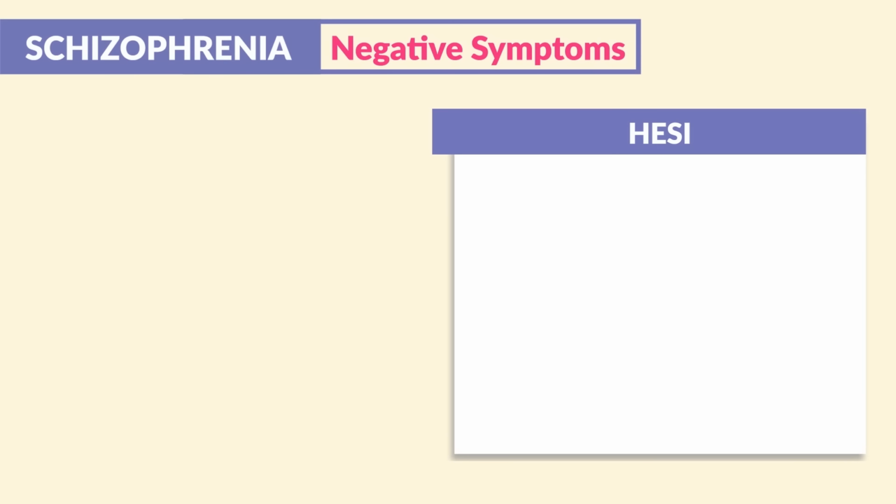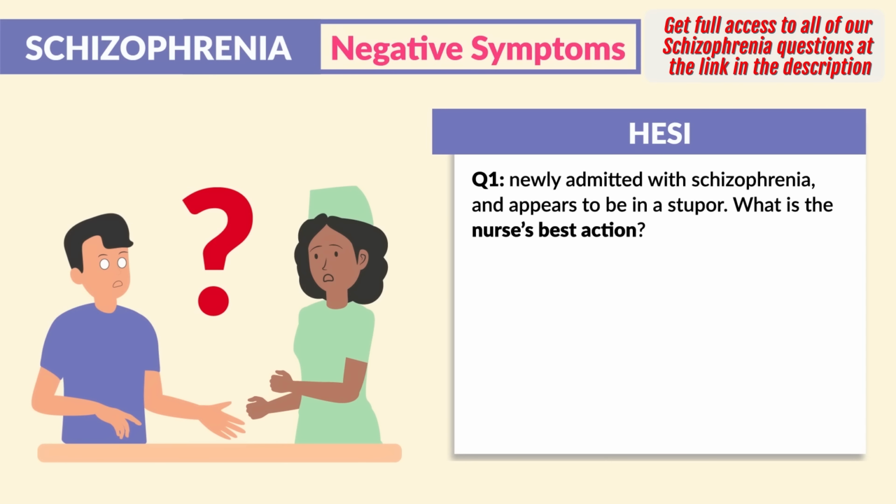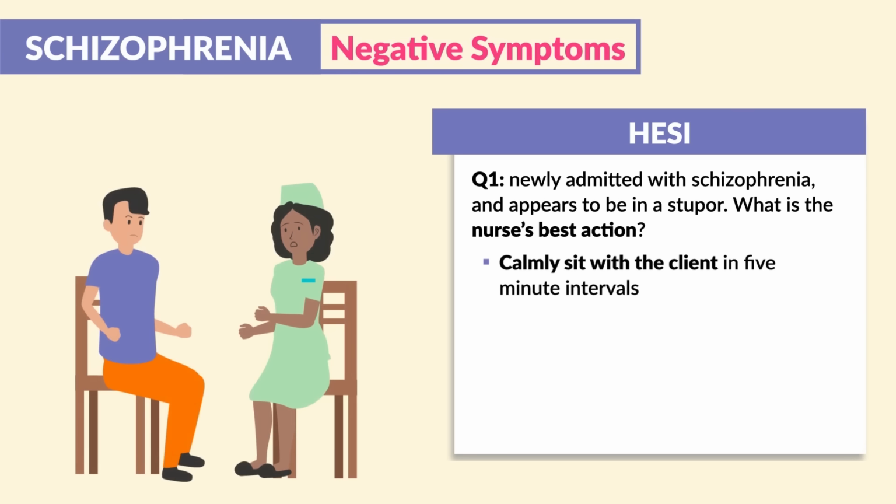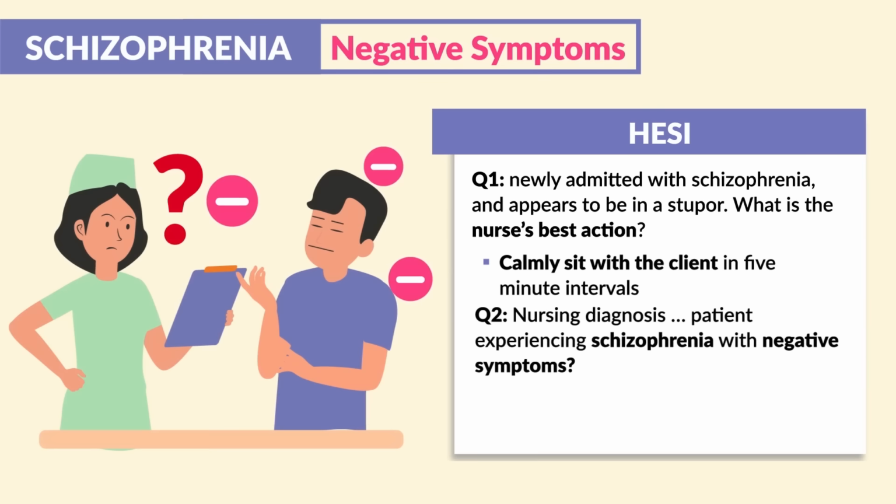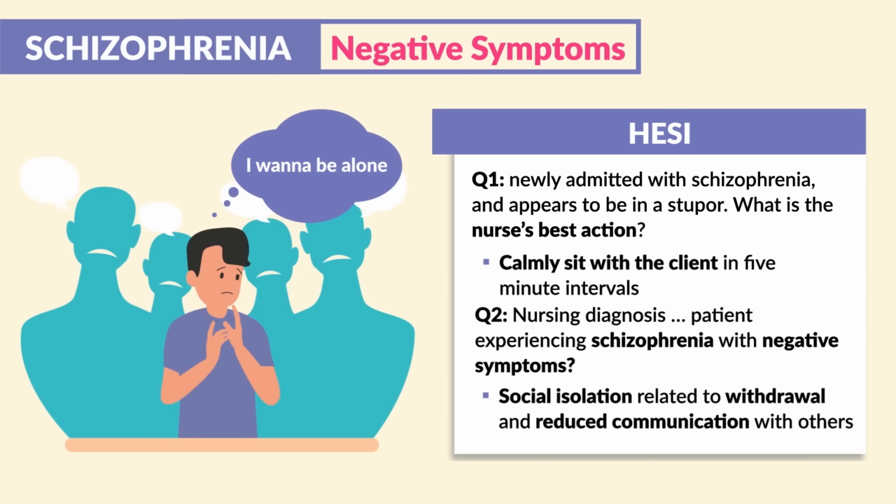So HESI mentions a client newly admitted with schizophrenia and appears to be in a stupor. What is the best nursing action? Calmly sit with the client in 5-minute intervals. Yes, short, frequent contacts. This builds trust. And a nursing diagnosis. A patient experiencing schizophrenia with negative symptoms. The best nursing diagnosis is social isolation related to withdrawal and reduced communication with others.